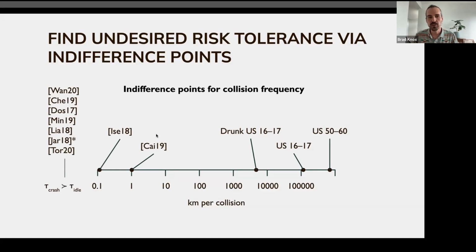So the most risk averse of these 9 reward functions still allows collisions at a rate of more than 4,000 times that of a drunk US teenager. Again, these reward functions are not training deployed autonomous vehicles, so there's not real immediate safety concerns. But it shows the power of this technique to find misalignment.